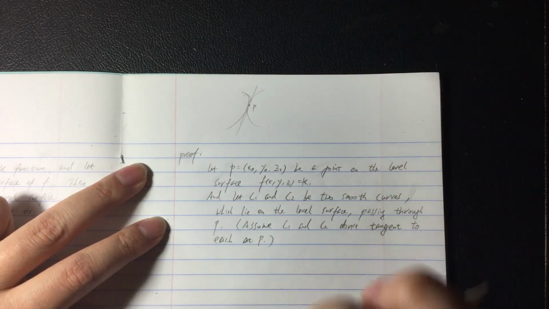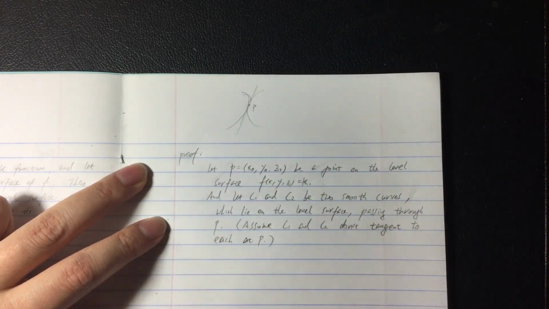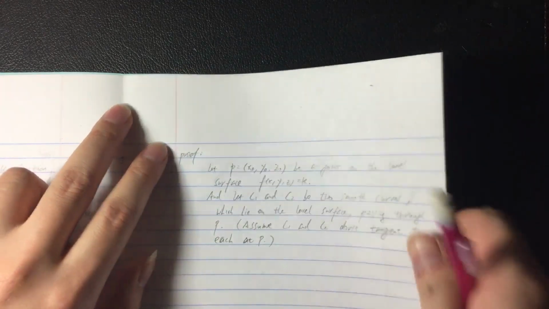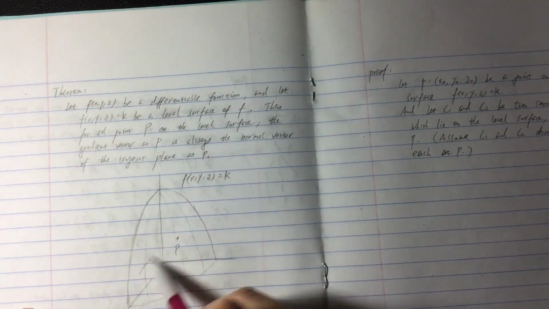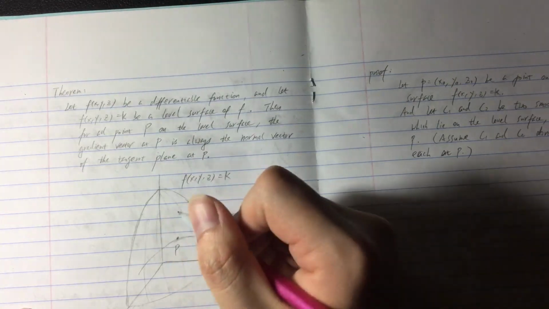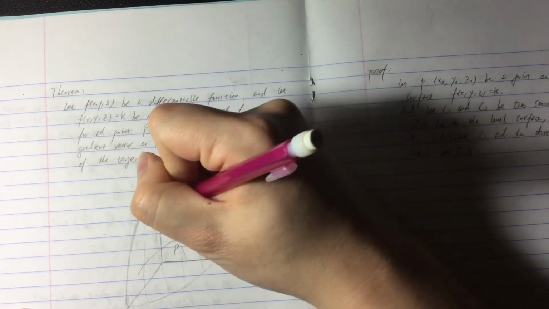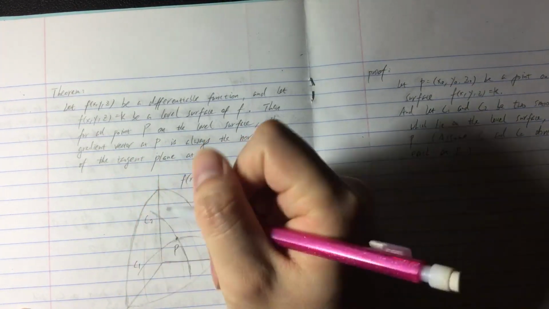Here we try to use two different tangent lines to find a normal vector, so we assume these two curves don't tangent to each other at point P. So let C1, C2 be two smooth curves on the level surface, passing through point P. Let's call this curve C1 and this curve C2.